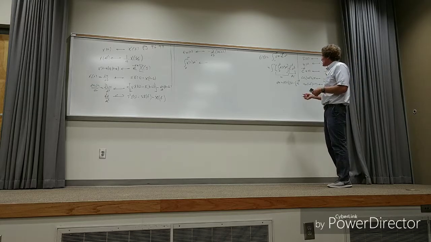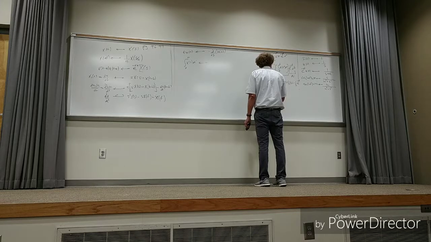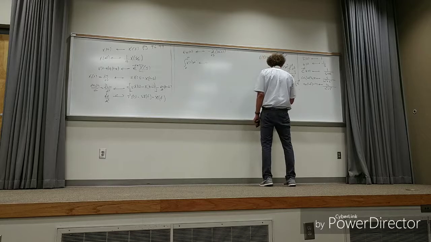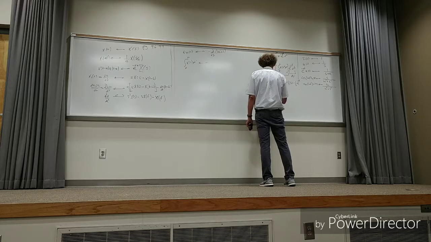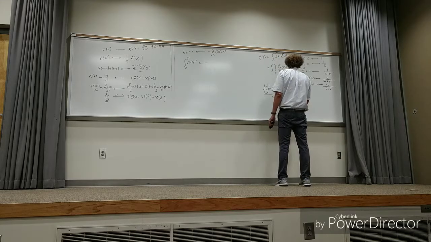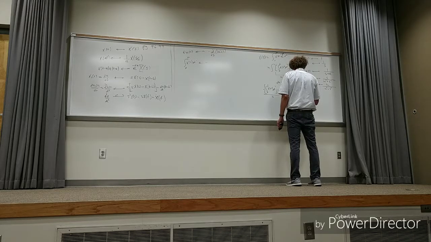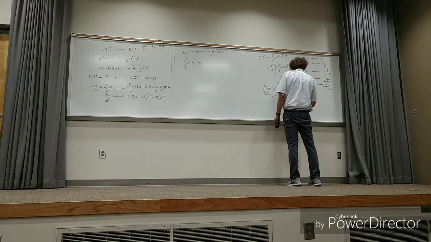Then when you plug it in, you get uv, which is the integral from 0 to t of x of t prime dt prime, which is u, times v, minus v du, which becomes a plus, times the integral of x of t e to the minus st dt from 0 to infinity.